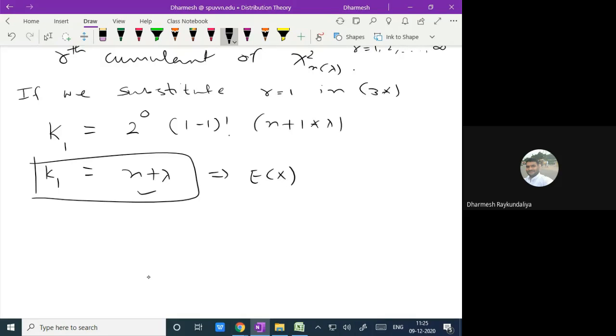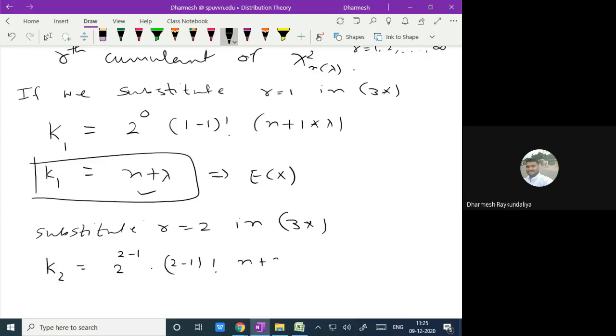Now the second cumulant, what is it giving? It is giving the variance. So substitute r equal to 2 in 3 star, we get the second cumulant K2 equal to 2 raised to 2 minus 1 into 2 minus 1 factorial into n plus 2 into lambda, because r equal to 2.